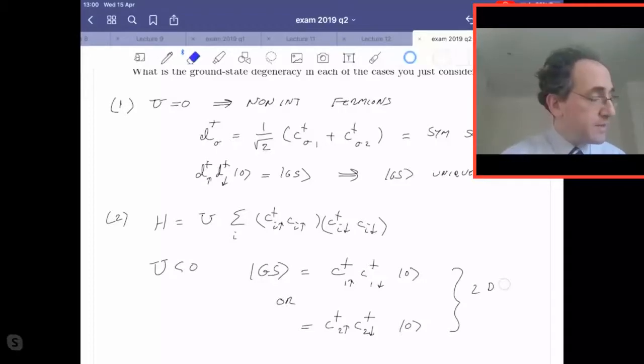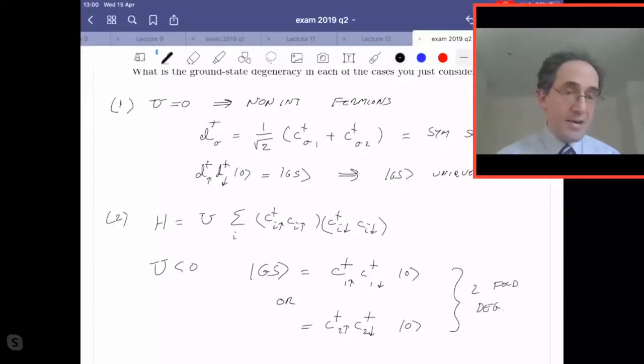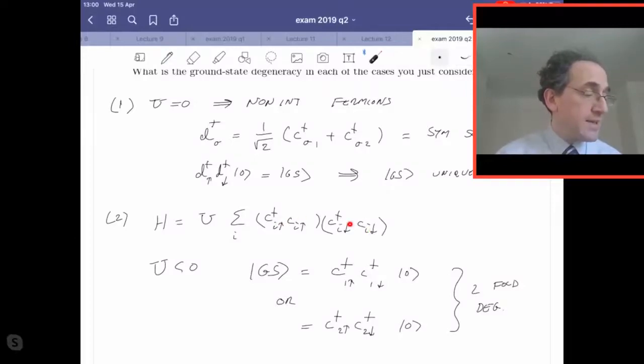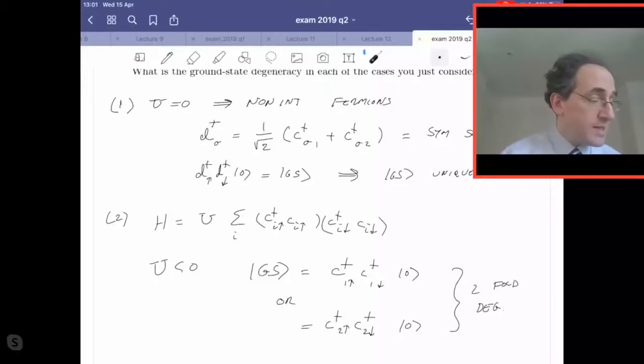There's no way to pick up any energy from the hopping term, because there is no hopping term, and the lowest energy you can get, if U is negative, is to put both fermions on the same site. Both of these are single Slater determinants as well.